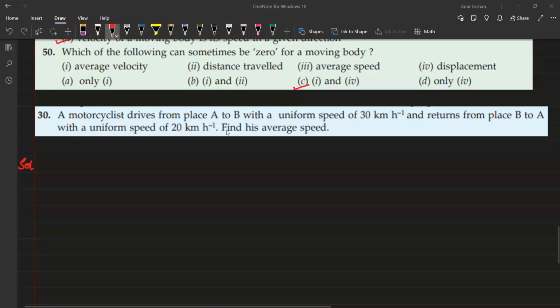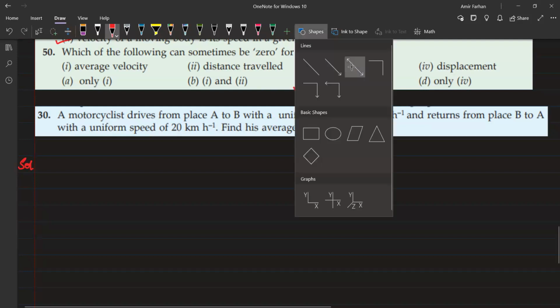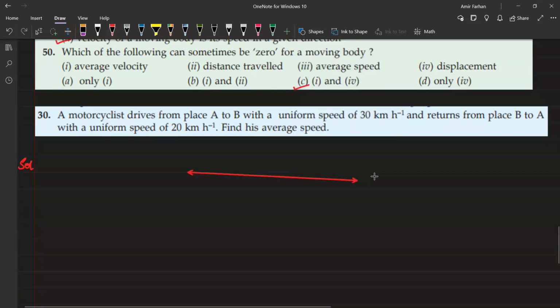The question is saying that a motorcyclist, a person who is driving a motorcycle, is going from A to B with a uniform speed of 30 km per hour and returns from B to A with a speed of 20 km per hour. So suppose this is the 30 kilometer route.